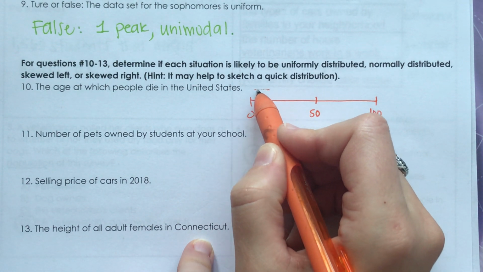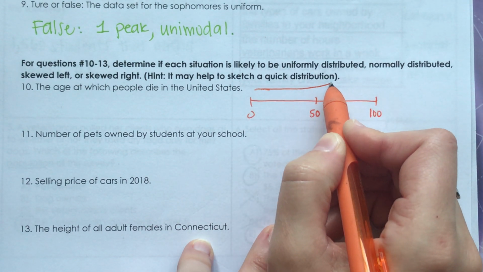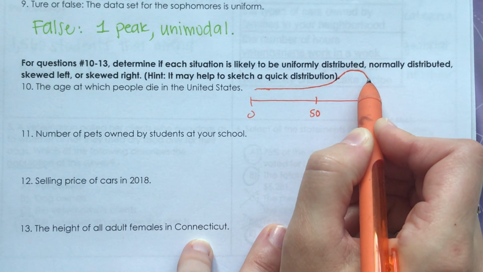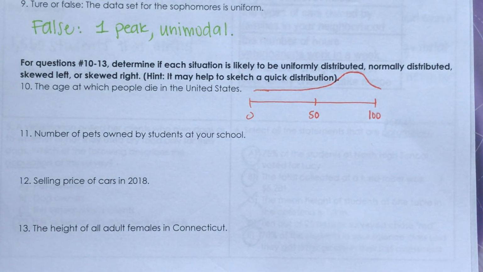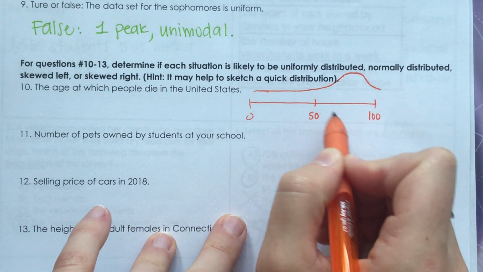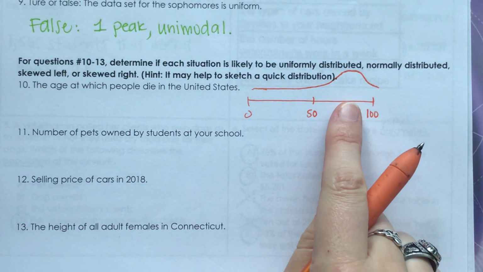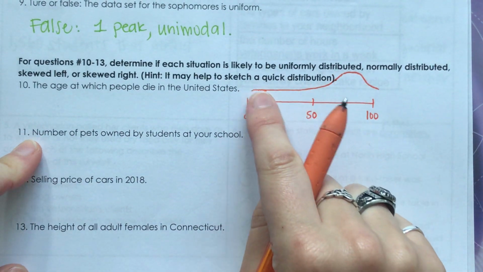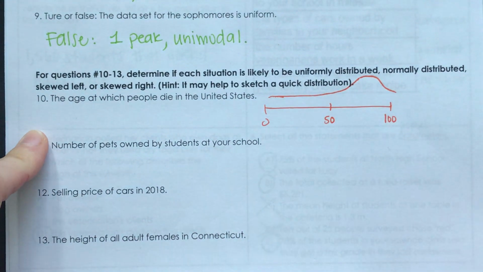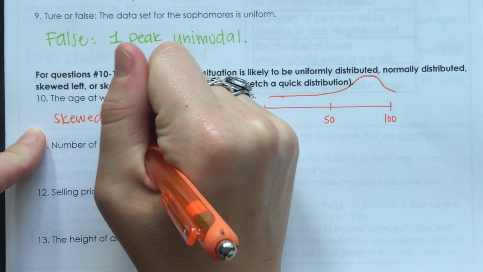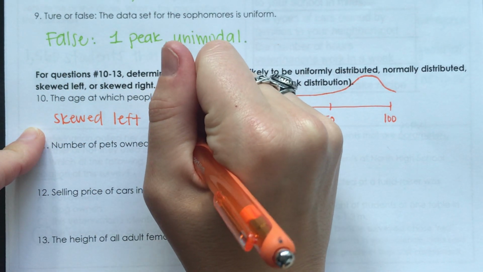Maybe there's a couple people that die earlier, but most people are dying in their 80s, 90s, 100s, something like that. More people are dying at the right end than the left end. So because all of my data is over here at the right and I have a long tail on the left, this would be considered skewed left data, or skewed left distribution.